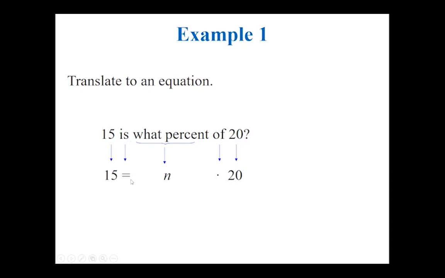Remember, is always means equals. What percent is going to be our unknown. We're going to call that n instead of x in this example, but x is perfectly fine as well. Of means multiply, and 20 means 20. So this literally means 15 is what percent of 20?